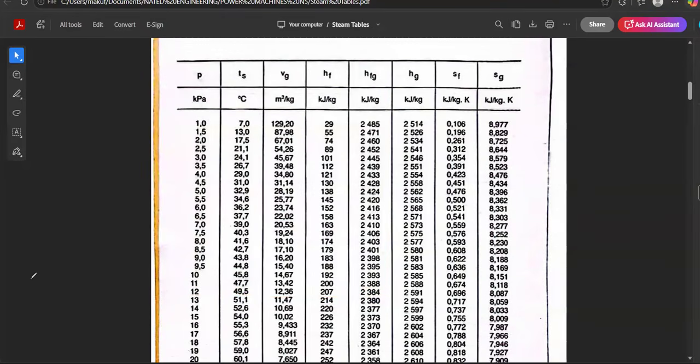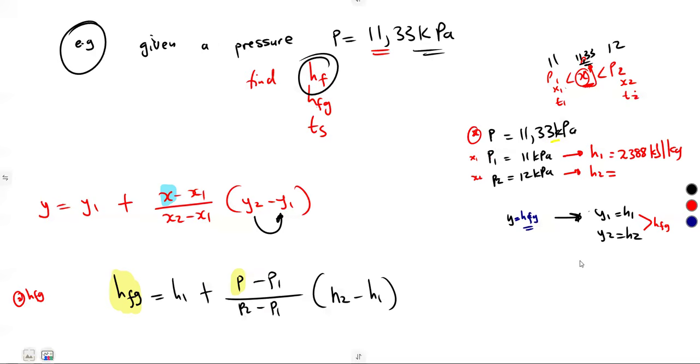So that's 2384 kilojoules per kilogram. That's the only difference. You are focusing on HFG. That's your H1 and H2.